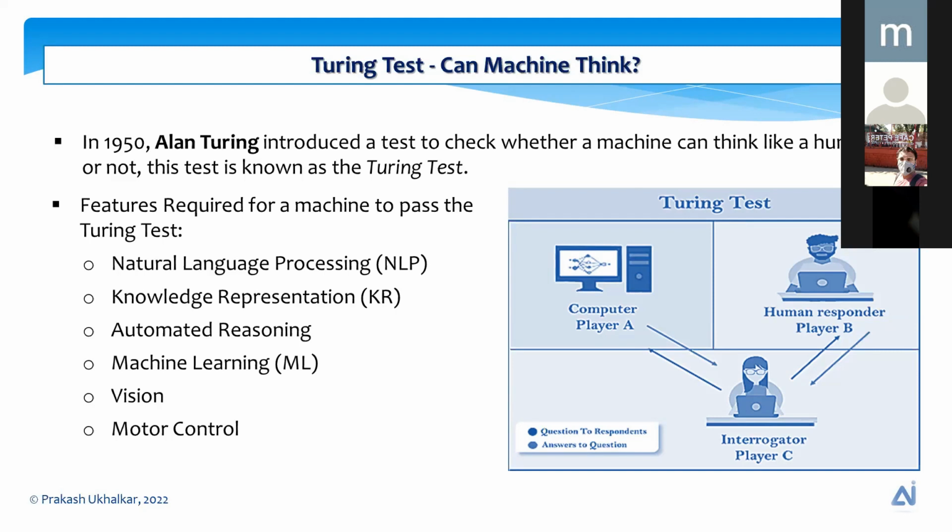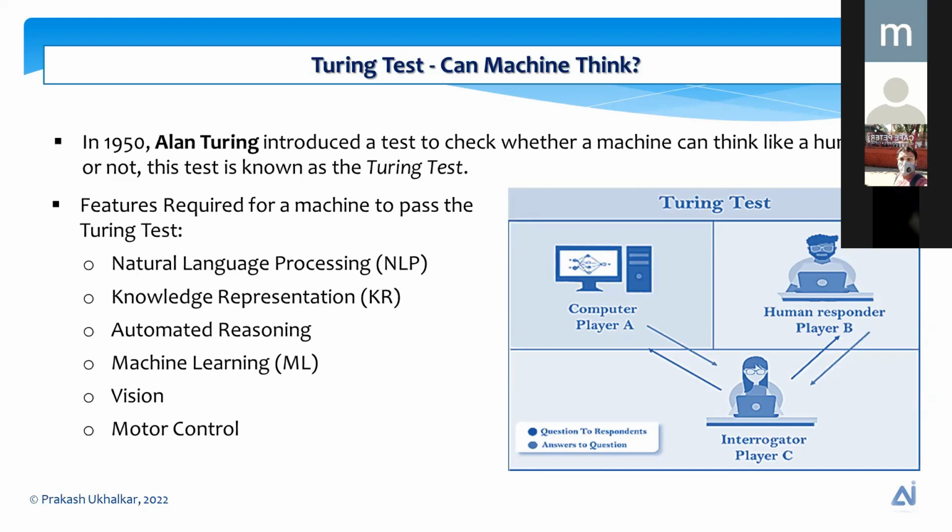Player C, the interrogator, is just aware that there are two players in the game, player A and player B, and one is a computer and the other is a human, but doesn't know exactly who is the computer and who is the human, right? That is the test. That is the imitation way. So that you have to consider.